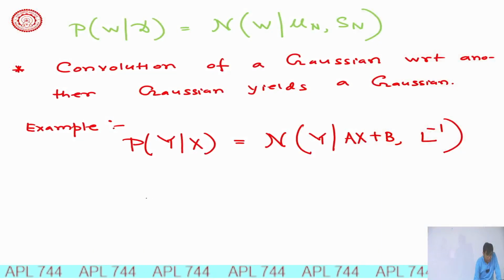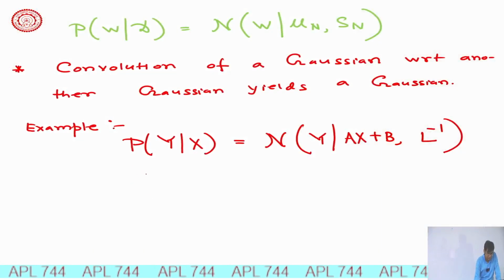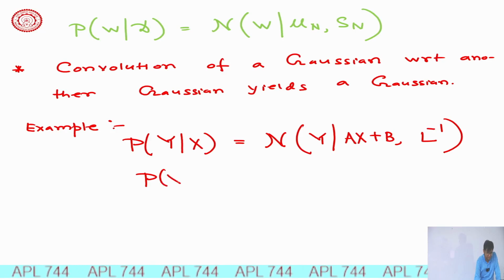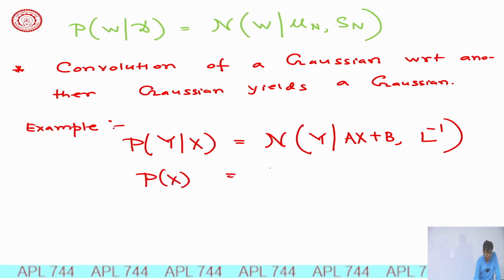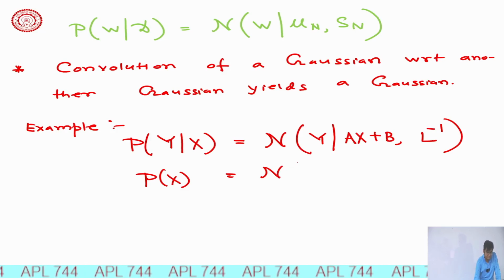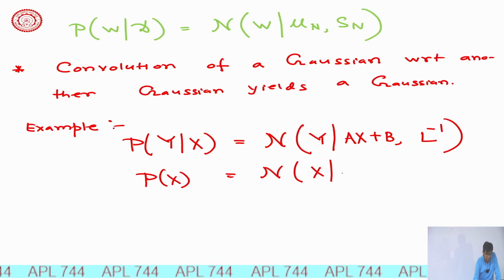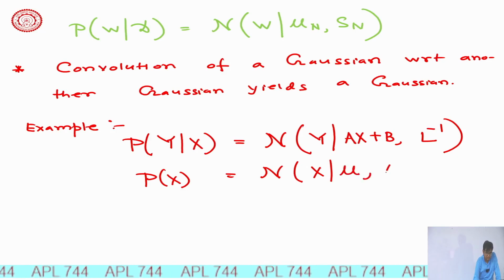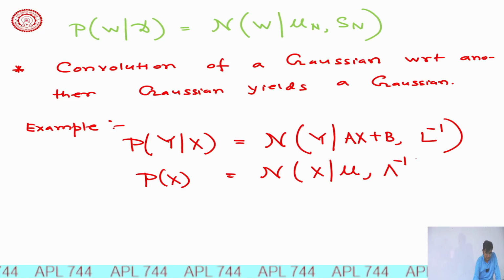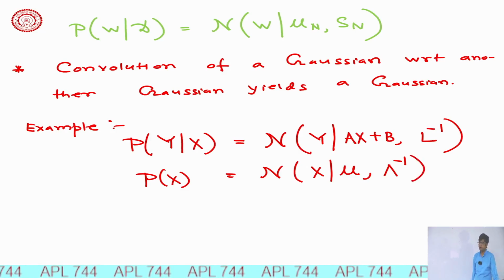So, A is the matrix, B is a vector, x is a vector, L is a matrix. Okay. And we also know that someone has told us that P of x is also a Gaussian over x parameterized by mu and lambda inverse. Okay.